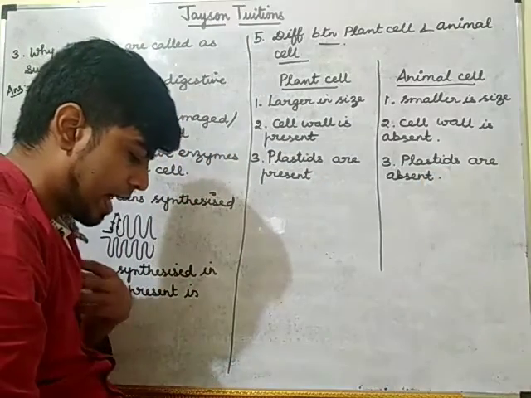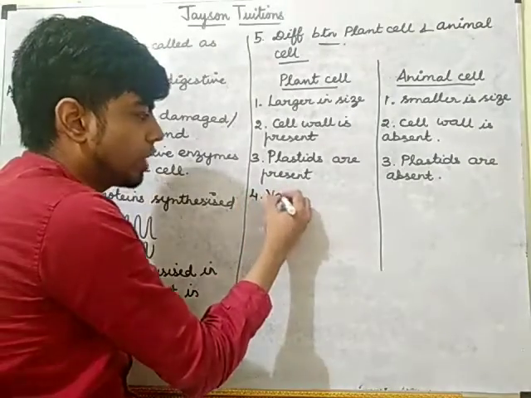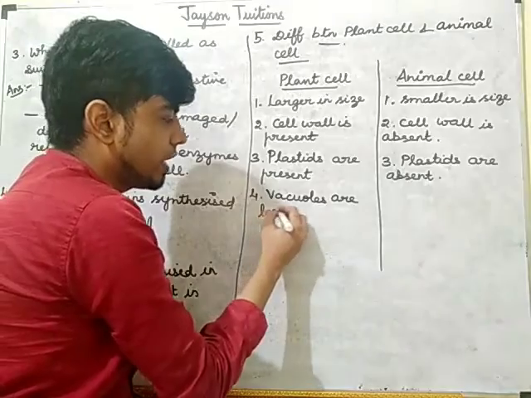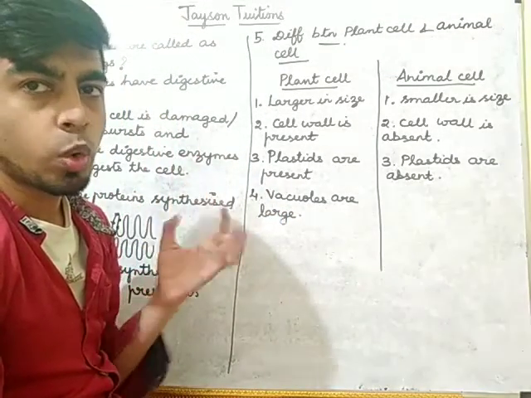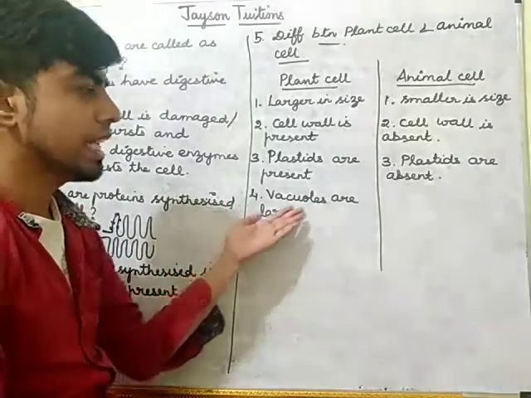Next, vacuoles. In plant cells the vacuoles are very large, because plants prepare their own food and have to store it, so they need vacuoles.